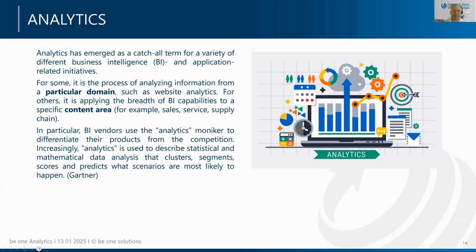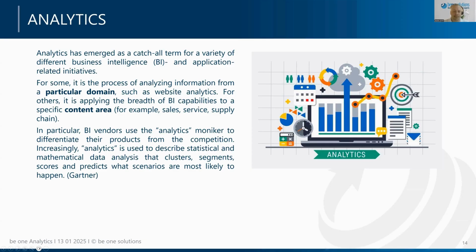What does analytics mean? If we look at explanations for analytics in general, we are talking about specific areas of analysis of data, such as website analytics, or if we talk in detail about BI, we are talking about specific systems that are analyzing data, for example, sales, service, supply chain, production.